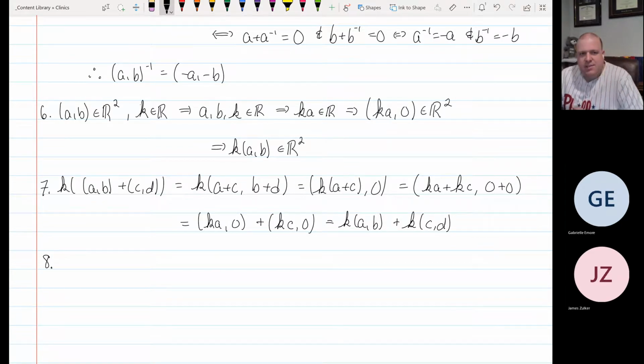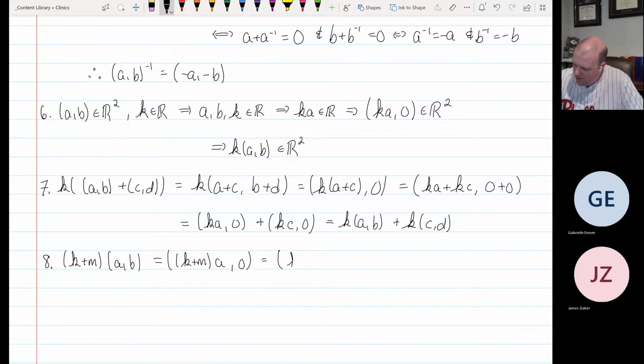The eighth axiom is distribution across scalar addition. In other words, for two scalars, K plus M times AB, we want to show that's K AB and then plus M AB. So by the definition of scalar multiplication here, we're going to get the scalar K plus M times A and then 0.